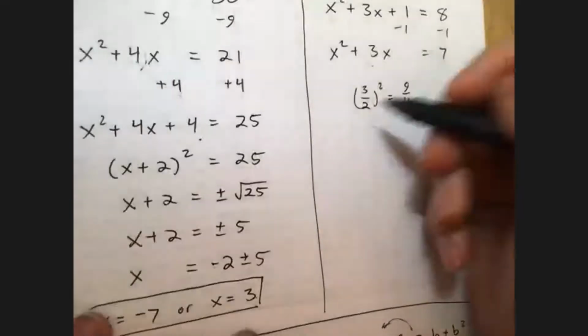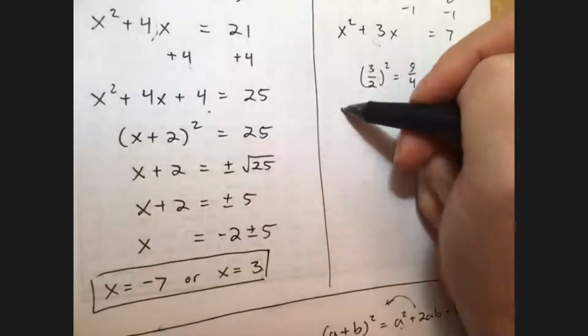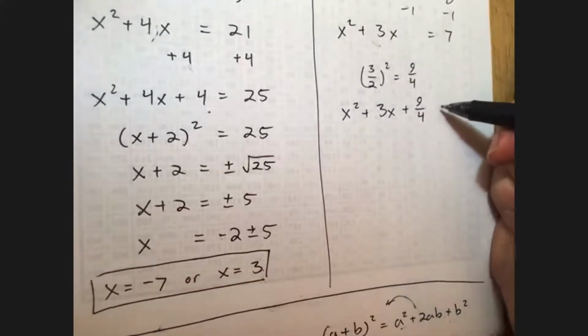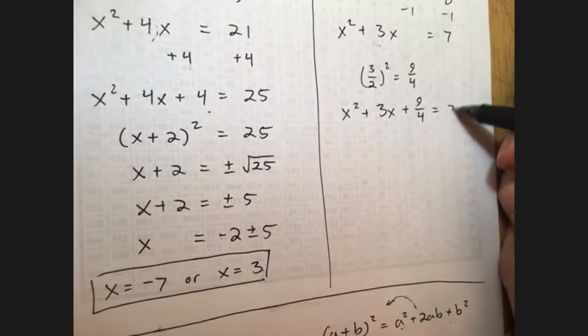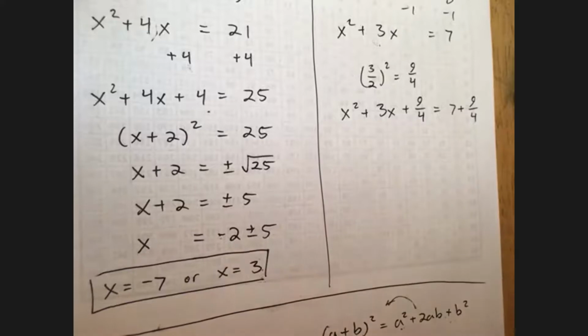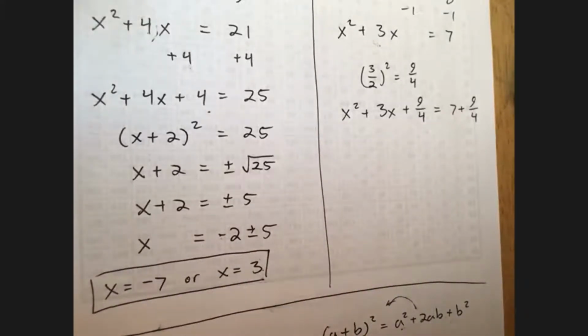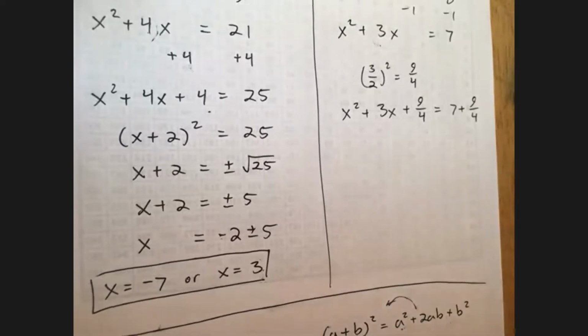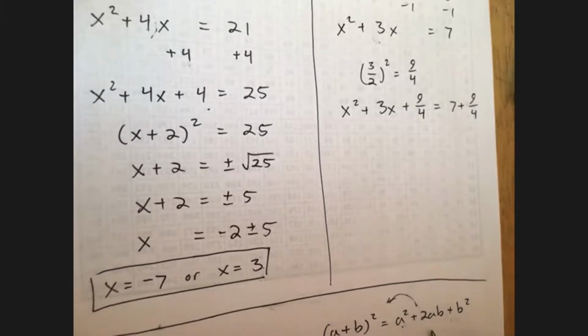Okay, so let's do that. I'm going to take x squared plus 3x, add 9/4 to the left, and add 9/4 to the right. This is supposed to be a perfect square now. Let's see if we can see what it is. We kind of know how it's supposed to work out, because here's the formula.